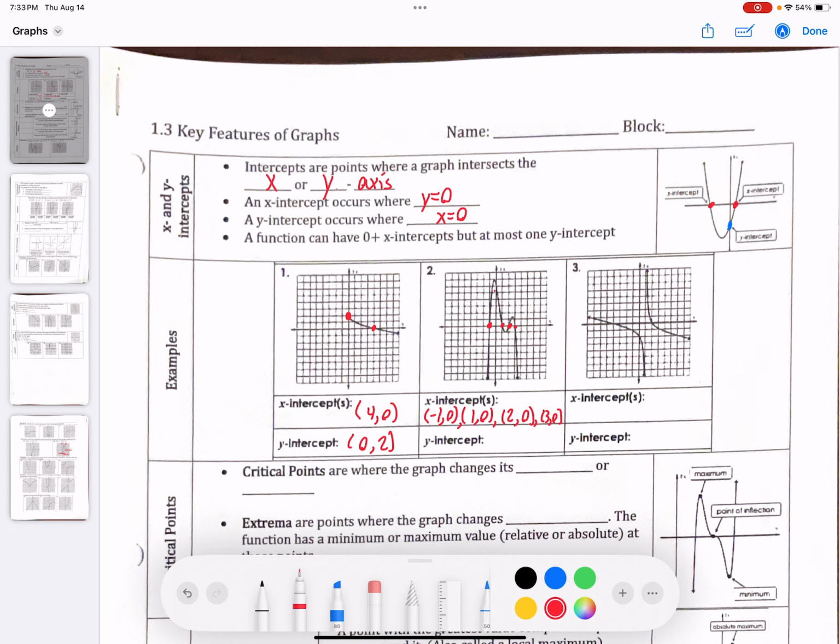And our y-intercept is at (0, 6). On the next example, our x-intercepts are here and here, which are at (-4, 0) and (2, 0). And our y-intercept is right here, at (0, -2).